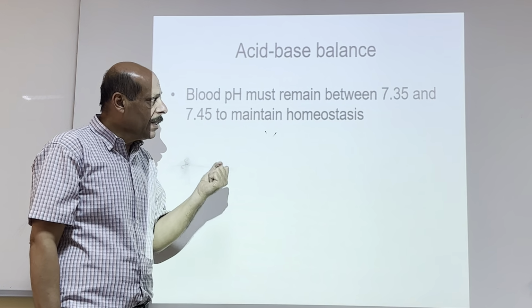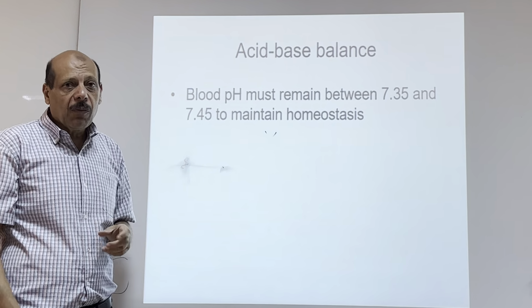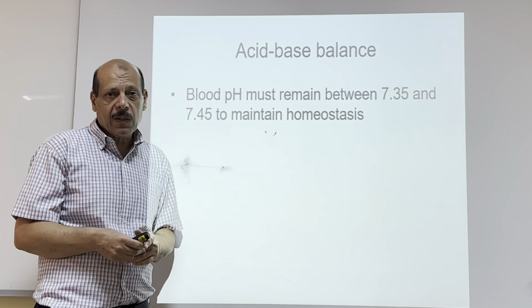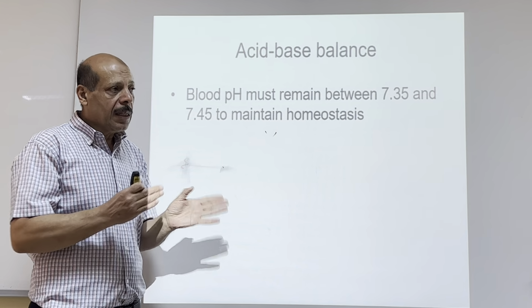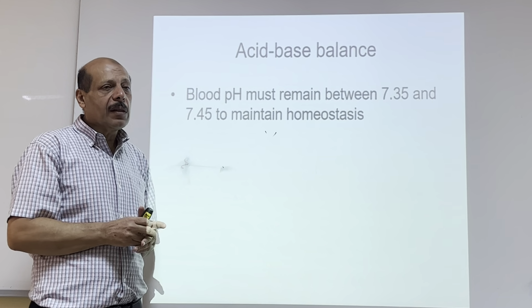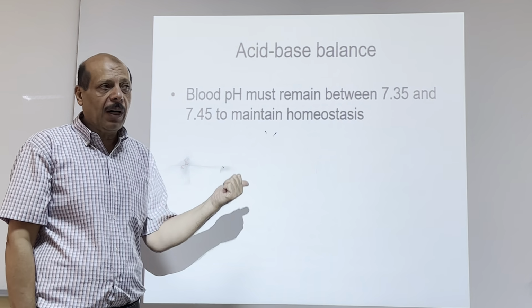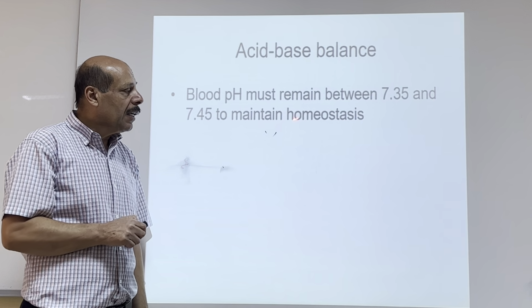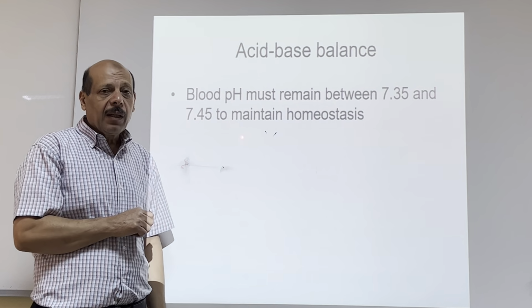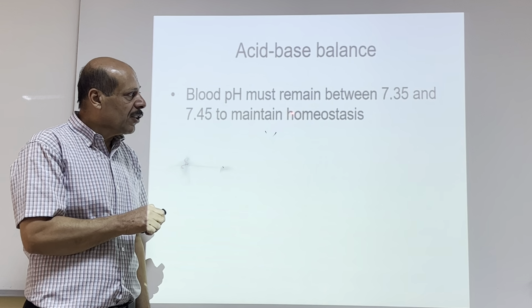For this session, we will discuss one of the functions of the kidney, which is the maintenance of acid-base balance. You know from the previous sessions that the blood pH ranges between 7.35 and 7.45, and it has to be maintained in this range.